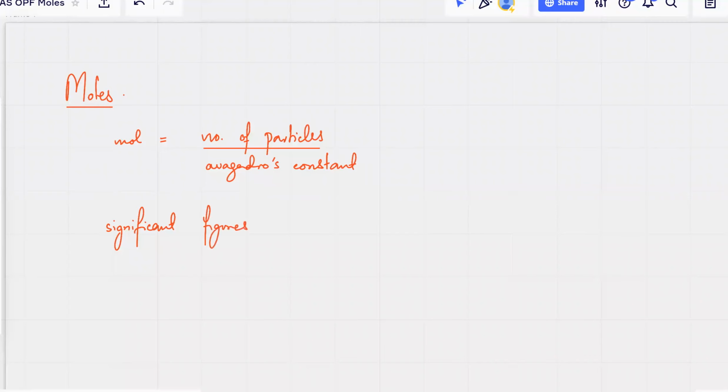So I told you, every instrument has a particular accuracy, and that accuracy is represented by the significant figures. So they represent the accuracy of those values.